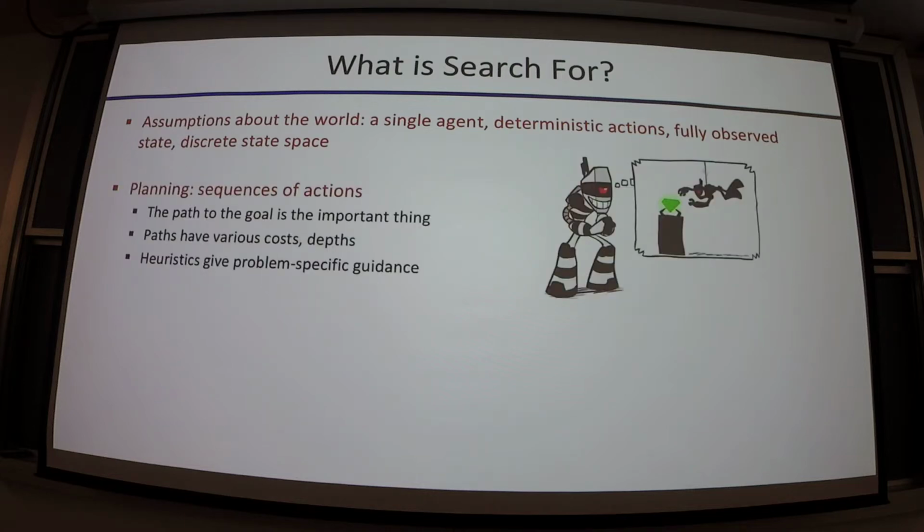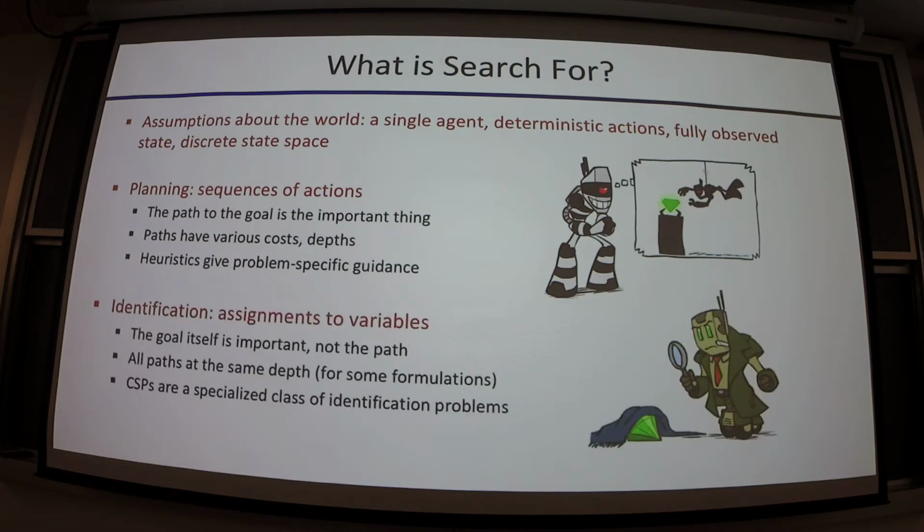So that falls under the category of planning, where we want to determine some sequence of actions that takes us from some start state to some goal state, right? And the path to the goal, that's the important thing here, right? These paths may have various costs or depths depending on the abstraction, and we looked at some heuristics to give problem-specific guidance to us.